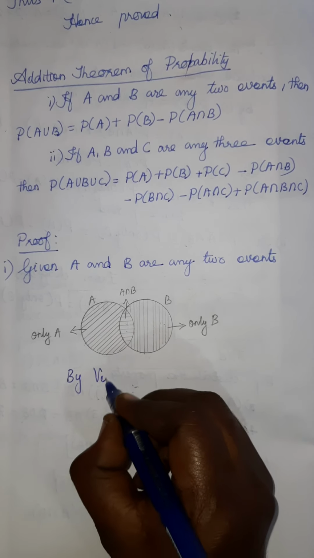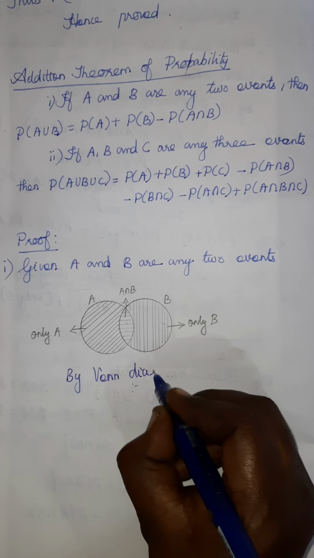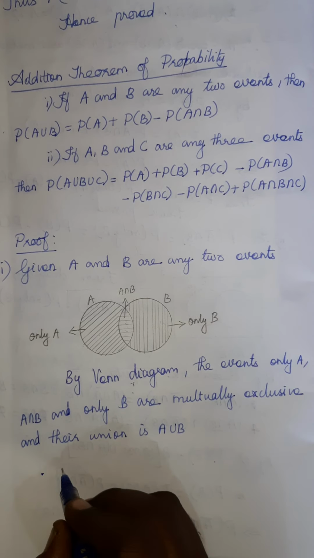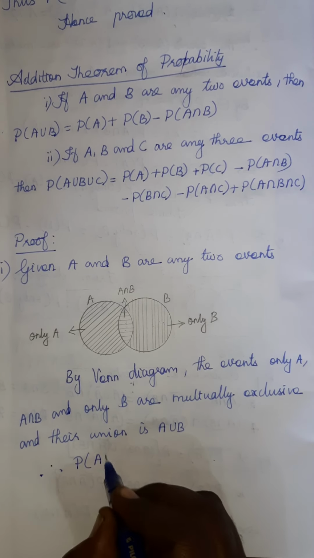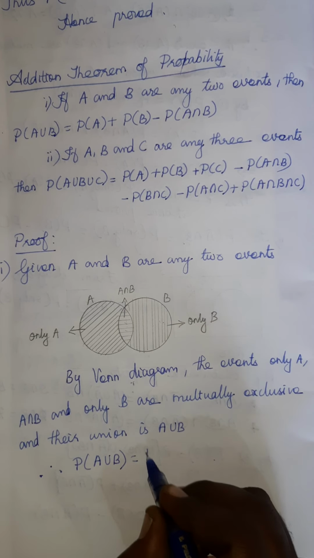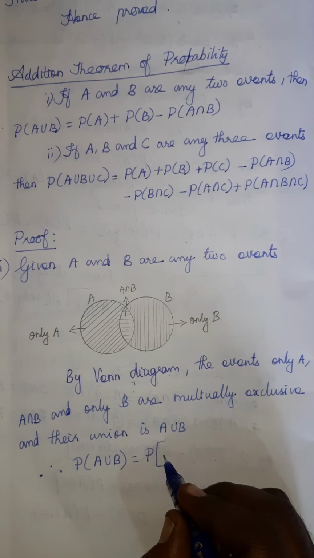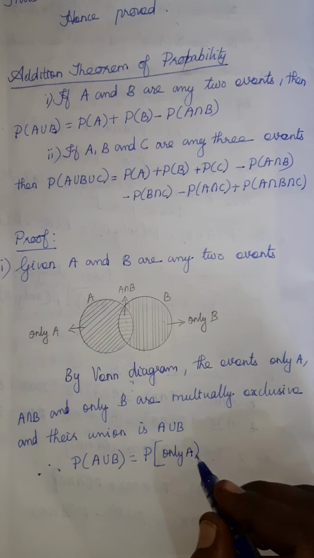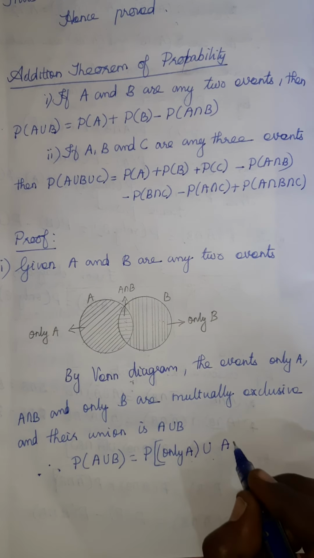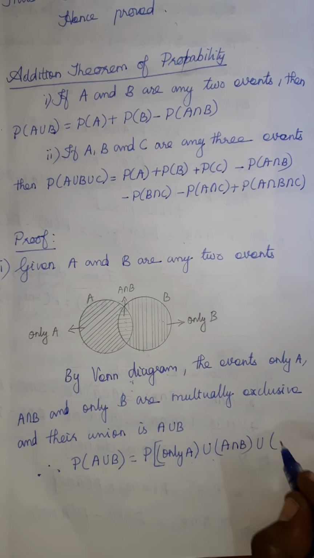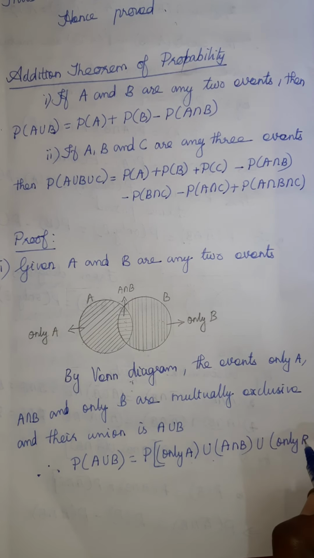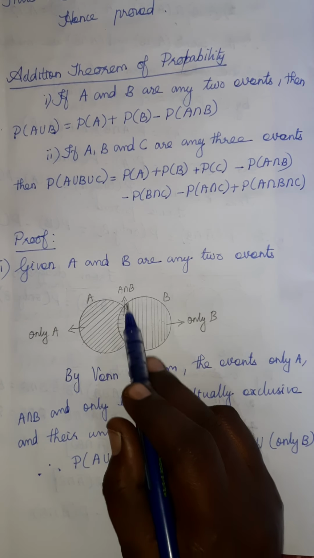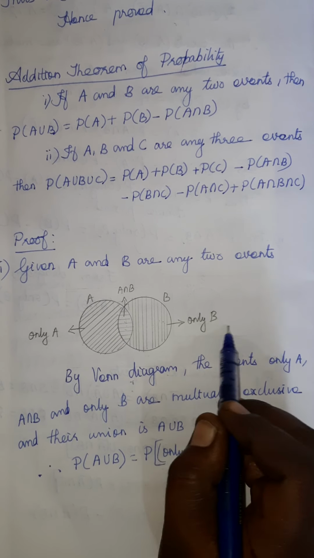By Venn diagram, their union is A union B. So we can write, therefore, probability of A union B is equal to probability of only A union A intersection B union only B. Consider these three sets: only A is the first set, A intersection B is the middle, and only B is the last set.